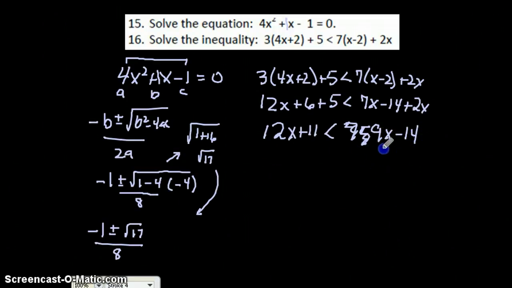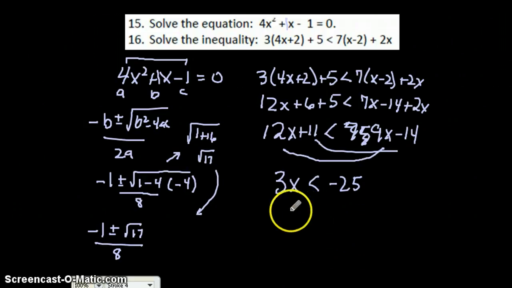Again, I'm going to move this over here, that's going to be 3x. I'm going to move the 11 over here. Negative 14 minus 11 is negative 25. Okay, then here's my symbol. And I'm going to divide by 3, so x is equal to negative 25 over 3.